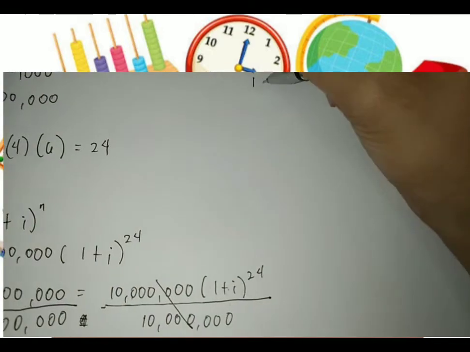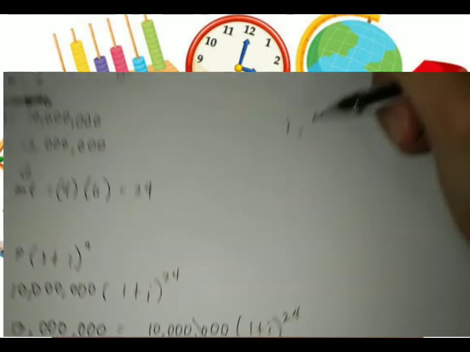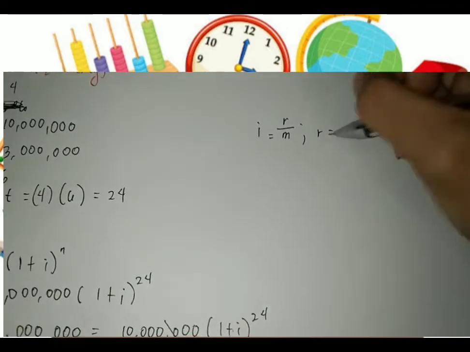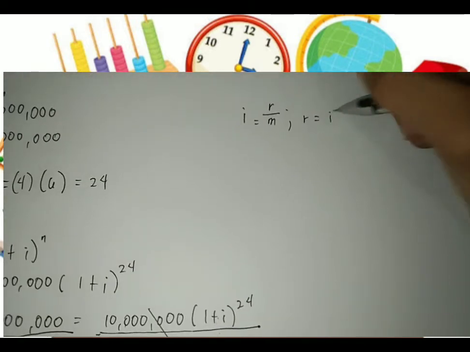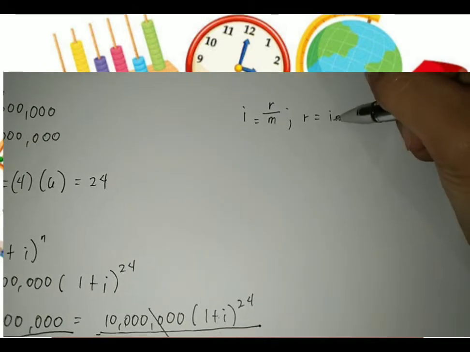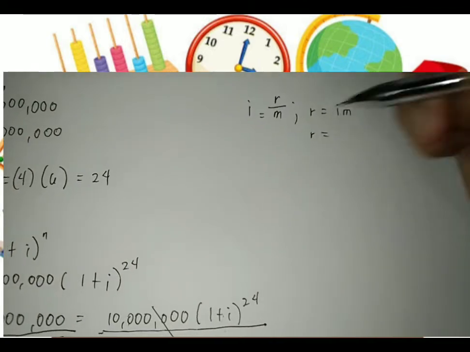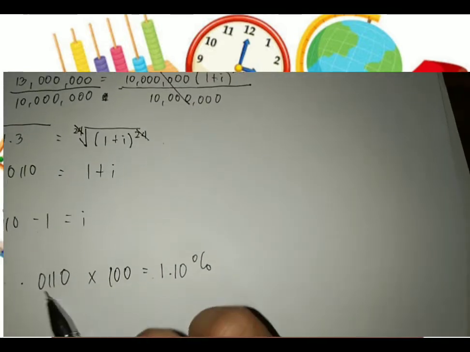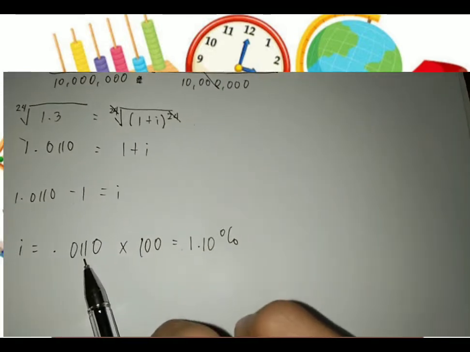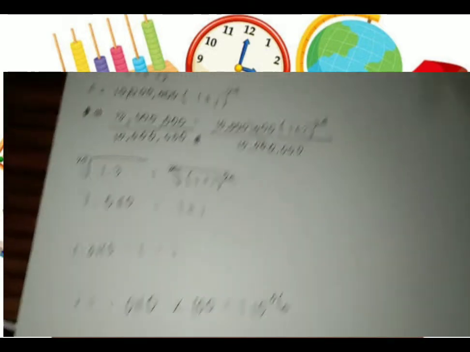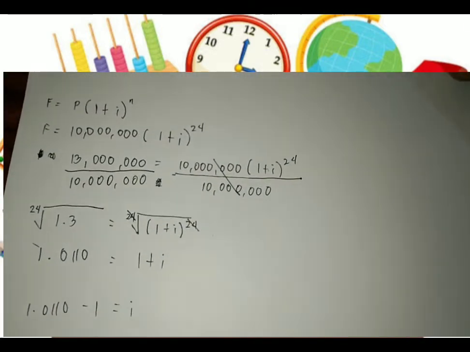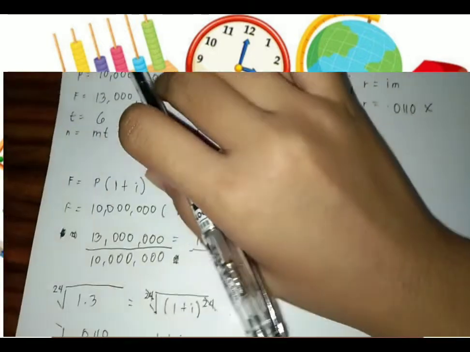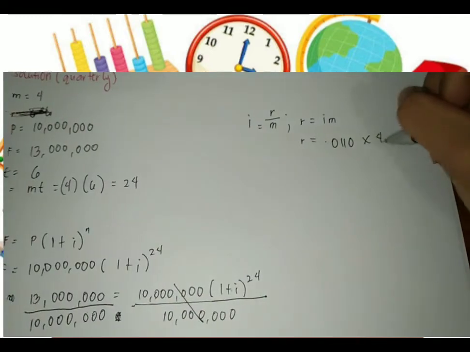Now we are going to find the R. i is equal to R divided by M. In finding R, we are going to multiply i and M. So i is 0.0110 times our M, which is 4.